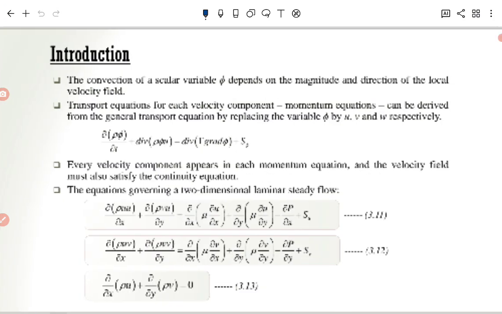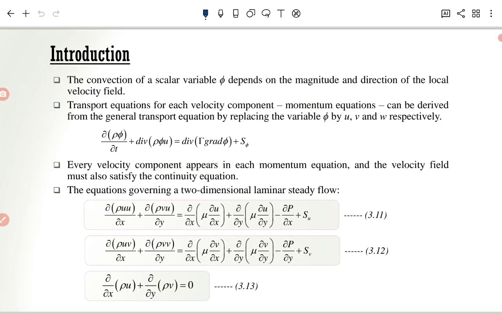Okay, so as an introduction, maybe we need to recall what we did in the previous chapter. As we know, the convection of a scalar variable depends on the magnitude and direction of the local velocity field.